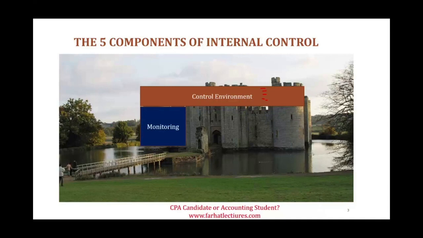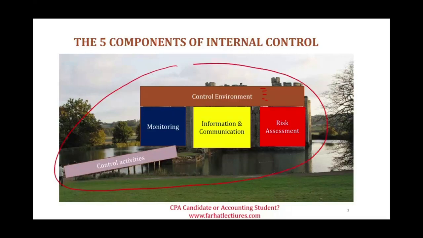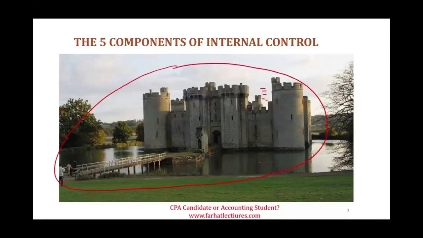Notice those are the components of the fort. Risk assessment is the company assessing the risk properly. Information and communication means they have a proper communication infrastructure, the accounting information system, and communication flowing smoothly throughout the company, upward, downward, and so on. And also the company will have control activities. All of those components, that's what internal control is. That's what this fort is composed of, those 5 components.